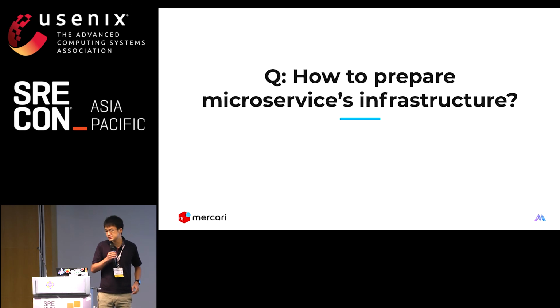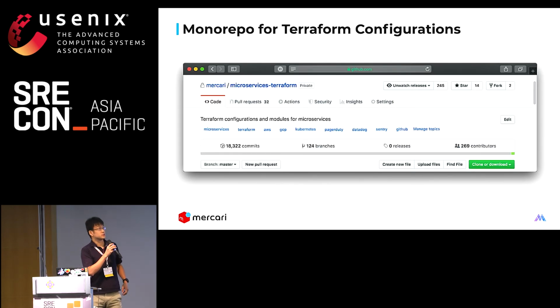So the first question is how to prepare a microservices infrastructure. A microservice team has a responsibility to set up the infrastructure for their microservices by themselves. To simplify the provisioning and encourage infrastructure as code, we prepared a new environment to manage all microservices infrastructure using Terraform.